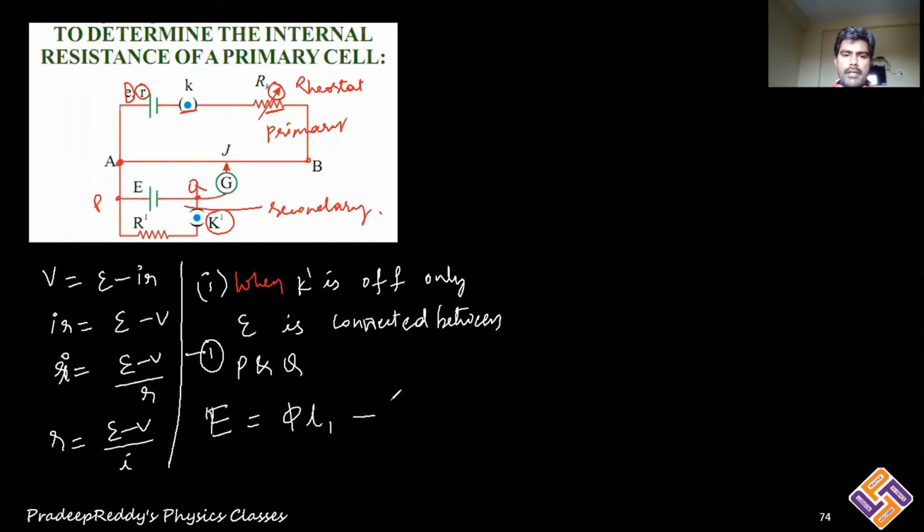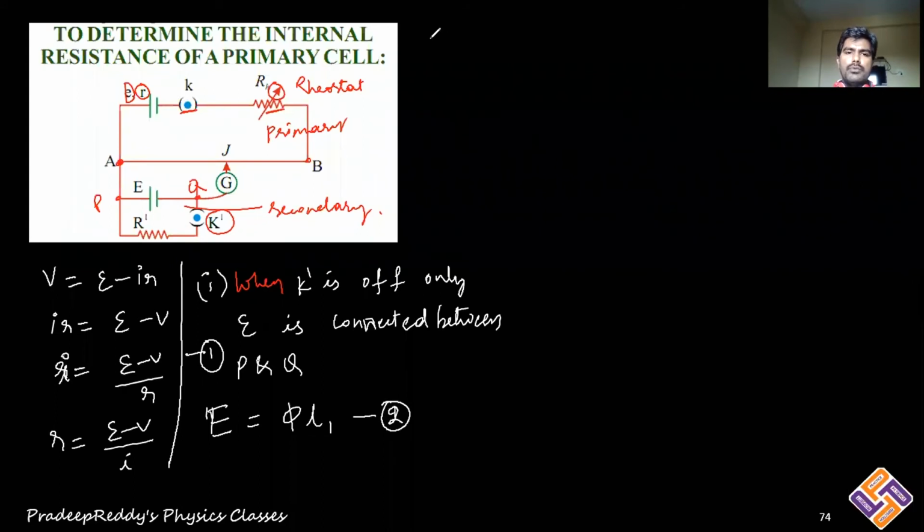Let me take this as equation number 2, because already I have taken one as 1. So first we disconnect K dash, place only the battery between P and Q, and scroll the jockey over AB until we get a balancing point.